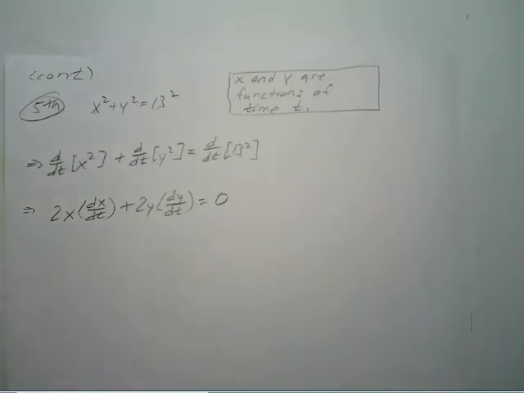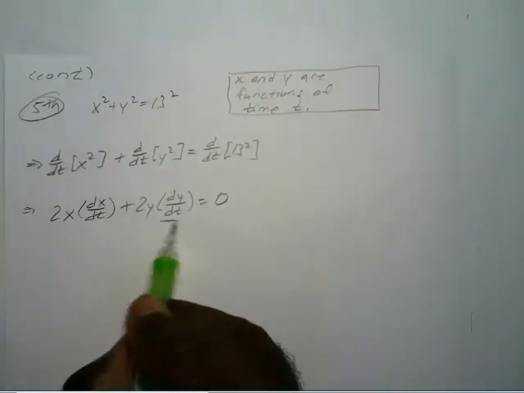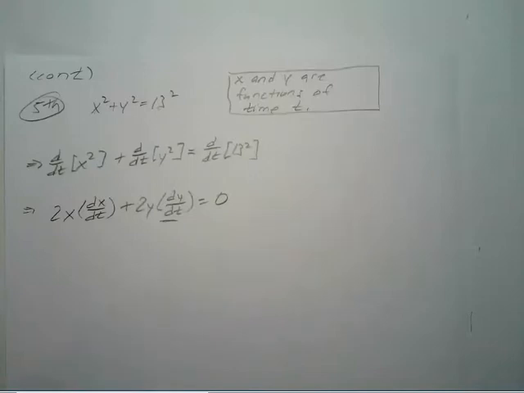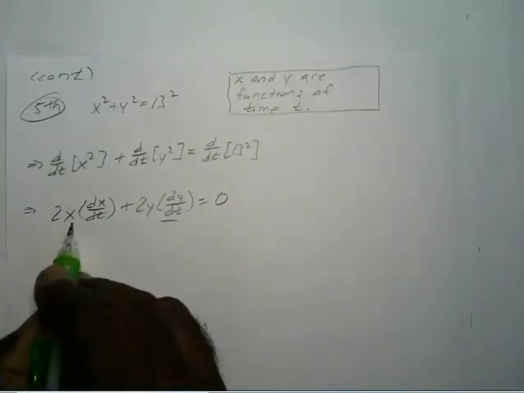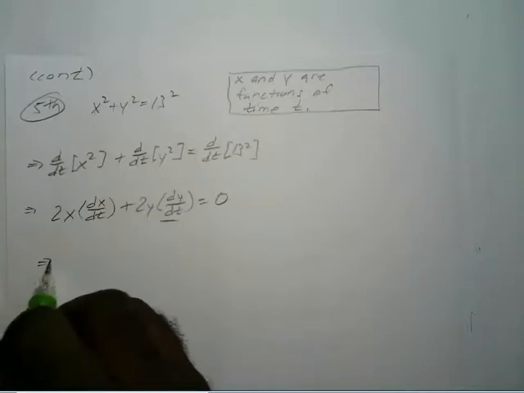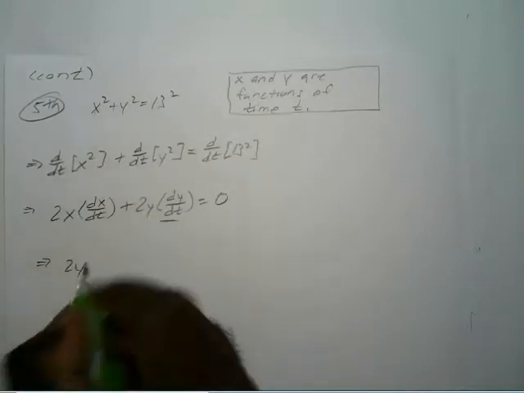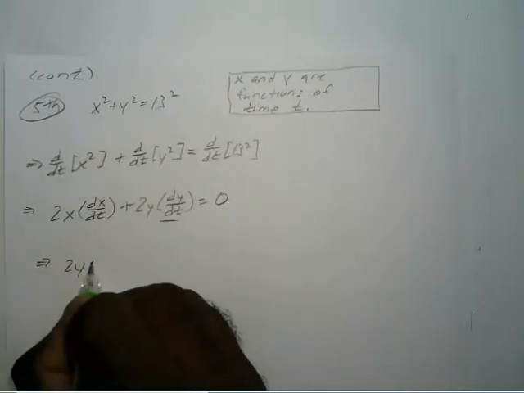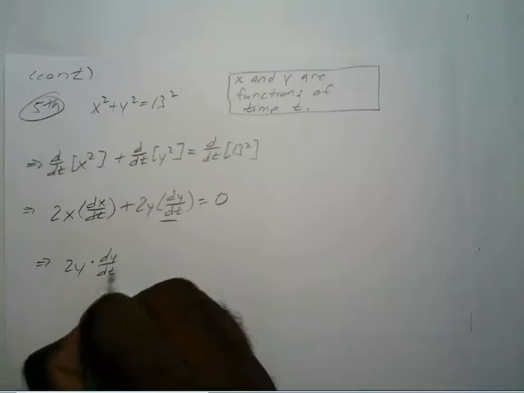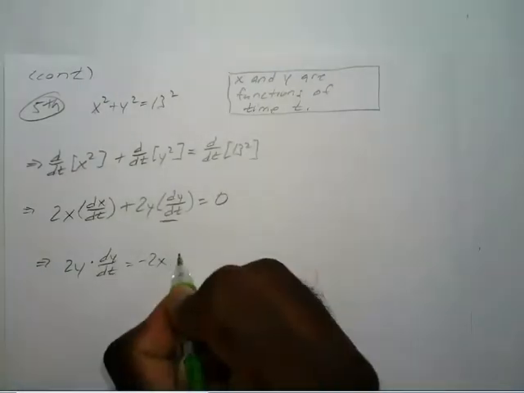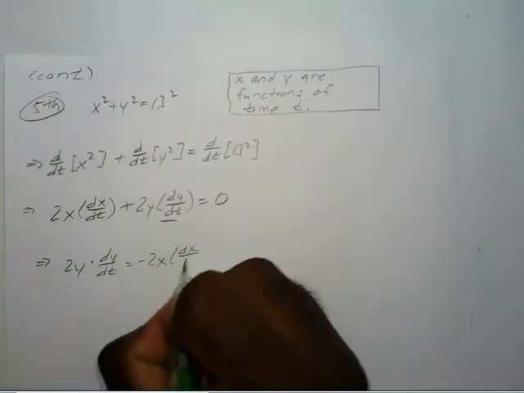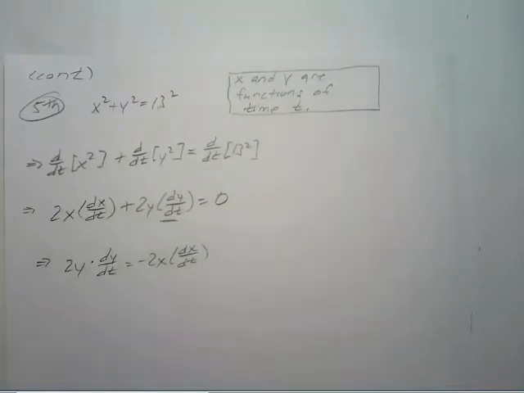Okay, so if you remember from the previous page, we're solving for dy/dt. So if we subtract 2x dx/dt, you have 2y times dy/dt equals negative 2x dx/dt. Then divide both sides by 2y.